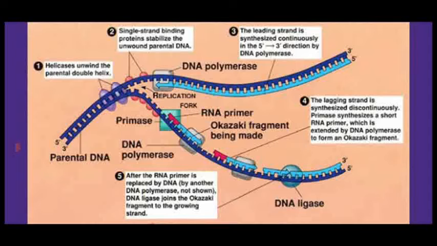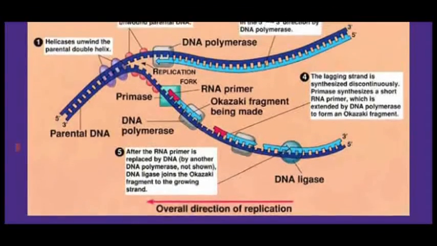See the fifth point. After the RNA primer is replaced by DNA, the Okazaki fragments are joined by DNA ligase in the growing strand. So these are all the steps involved in DNA replication.